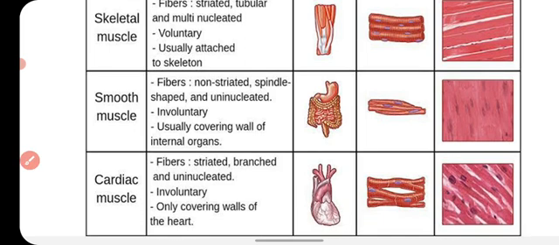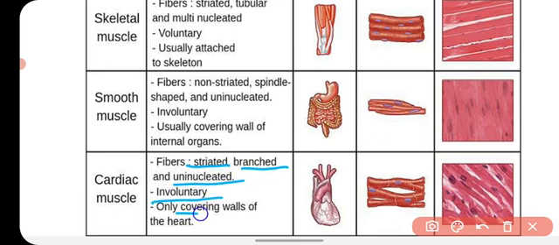Cardiac muscles are a very specialized kind of muscles. They are striated, branched, uninucleated, and involuntary; you cannot control them. They only cover the wall of the heart, only found in our heart, and they contract in a rhythmic pattern.